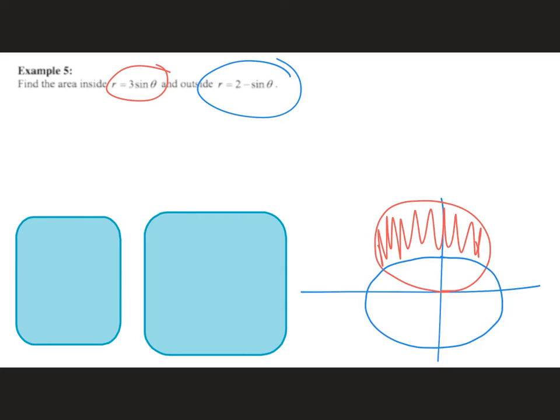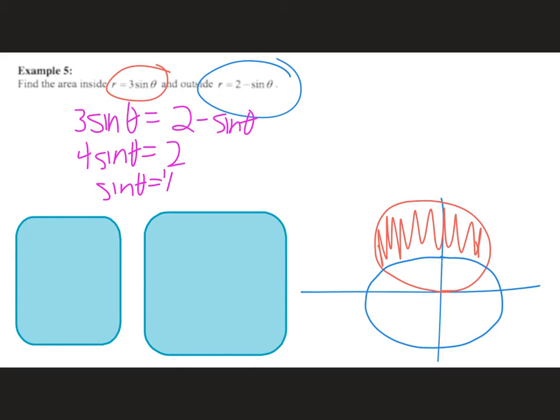There's a bunch of ways to do this. And when I do this in class, I often have the kiddos come up with some ideas. But we're not in class. So here's what I'm going to do. I'm going to set the two pieces equal to each other so I can figure out where they intersect. So 3 sine theta equals 2 minus sine theta. That's going to be 4 sine theta equals 2, so sine theta is 1/2.